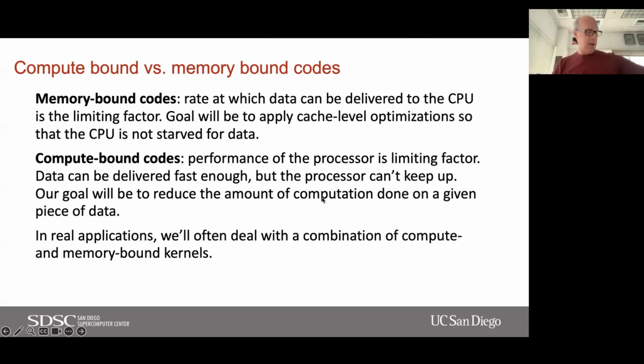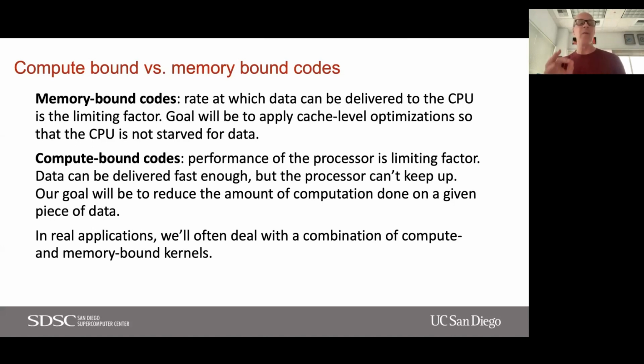All right, so getting into what I think is one of the most important topics in performance tuning and optimization, starting with a distinction between what we call compute-bound versus memory-bound codes. So there's a lot of attention focused on how fast is your CPU. You know, what is the clock speed?